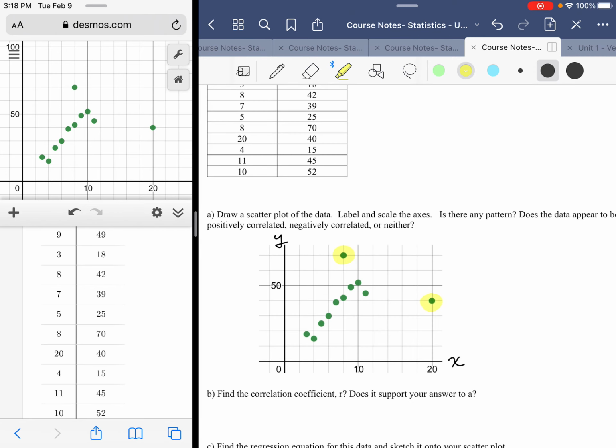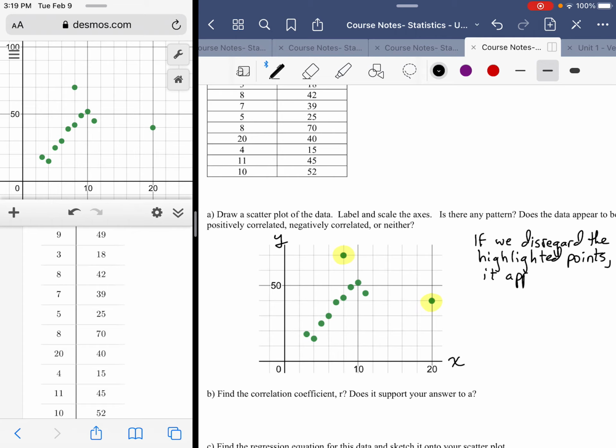All right, so I would say here, if we disregard the highlighted points, it appears that there is, I would say, maybe a strong... I kind of covered myself with the "appears" comment.